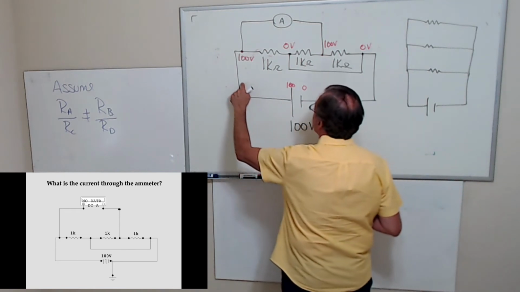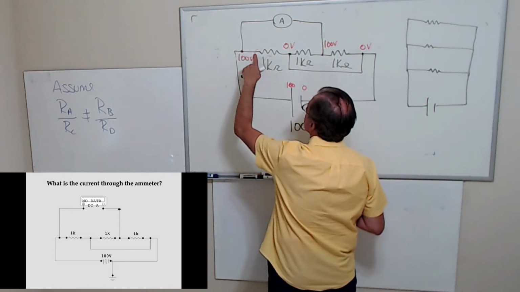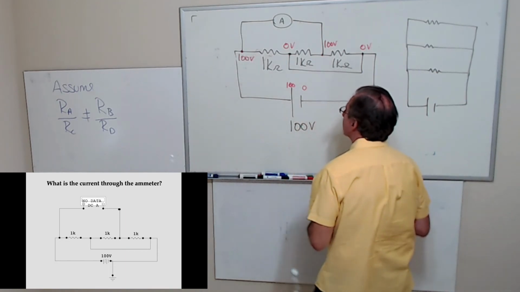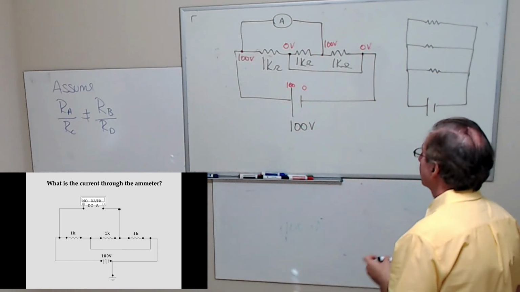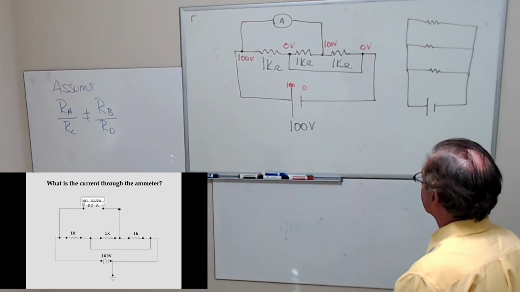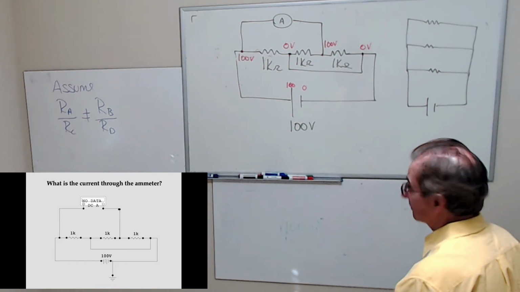So the current goes here and it splits. Where's the ammeter?